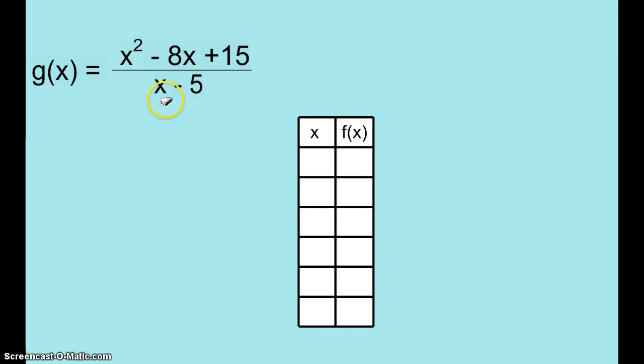And then when you get that entered in, don't forget to put parentheses around that denominator x minus 5. And put parentheses around the trinomial in the numerator before you hit the division bar. And then I'd like you to go to second graph where the tables are, and we'll start entering values in and see what happens with this function.